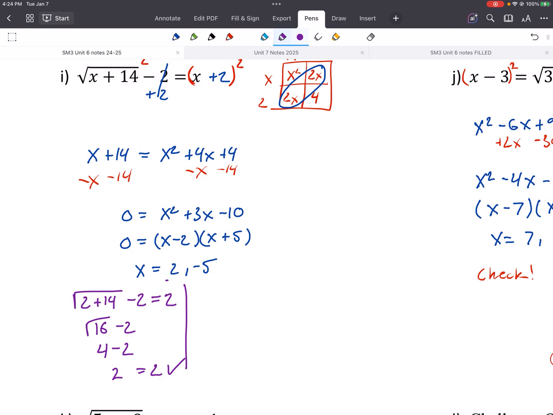That's one of our solutions. And then we'll do it again with the other. So this will be the square root of 9. Or, 3 minus 2, which is 1.